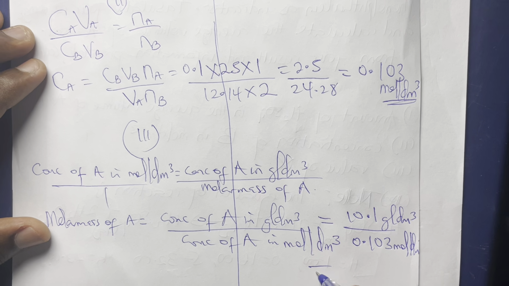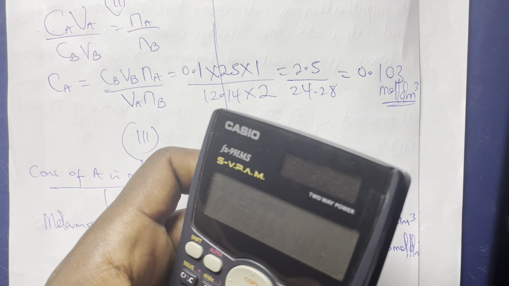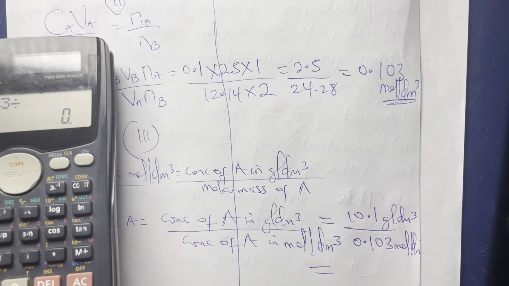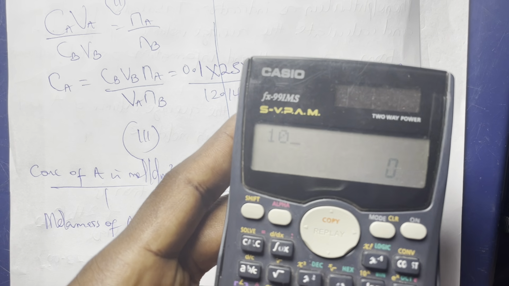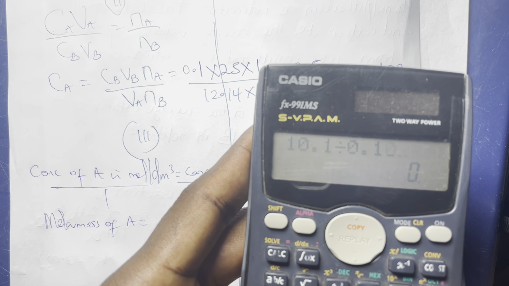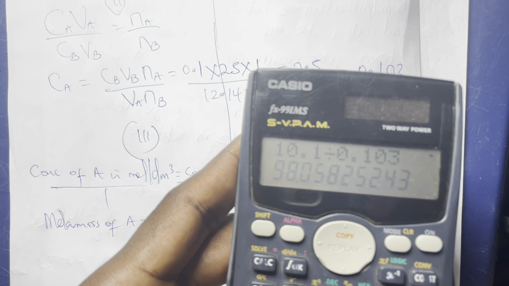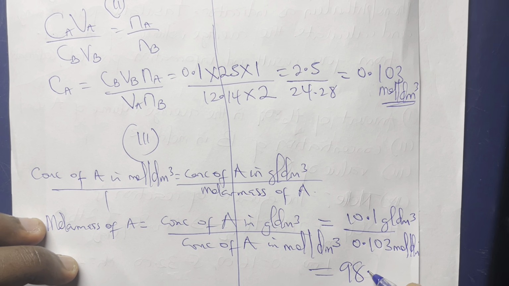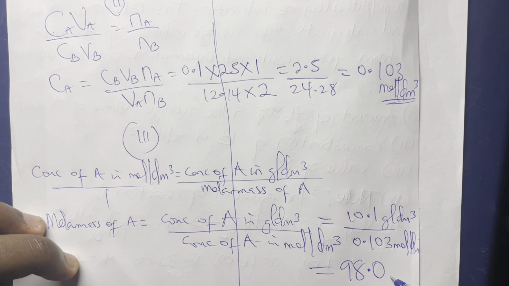So now let's do the division. 10.1 divided by 0.103 gives 98.05, so about 98 gram per mole.